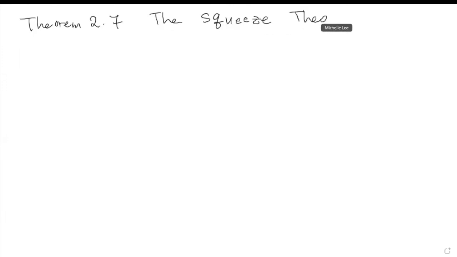All right, so 2.7, the squeeze theorem. Other textbooks call it the sandwich theorem. Is that the correct spelling? Sandwich, like the food sandwich? Okay.